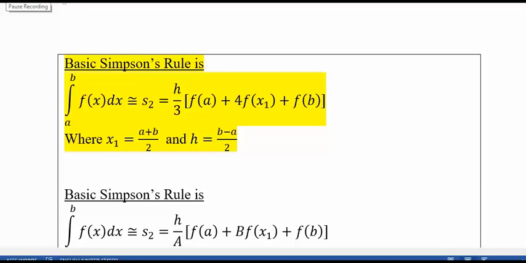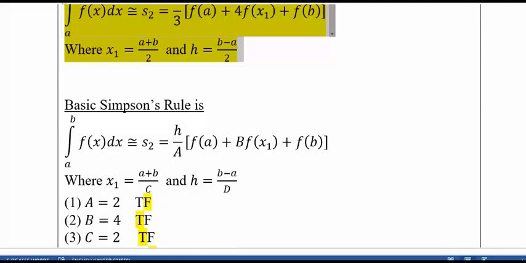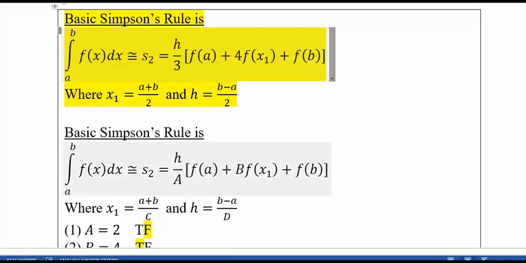Bismillah ar-Rahman ar-Rahim. If we start MCQ questions for numerical integration, we shall take Simpson rule as an example, and you can take the same questions for Trapezoidal Rule. This is our rule here, and we take it as MCQ. So we write it in the following manner: S2 equal h over a.